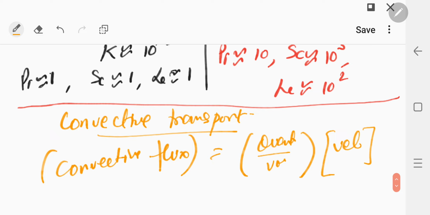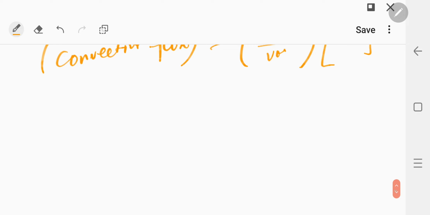So the quantity per unit volume will be rho cp T. That's the gradient through which the heat will flow. And if we multiply that term with the velocity, with the motion of the fluid, it will give rise to a convective transport.